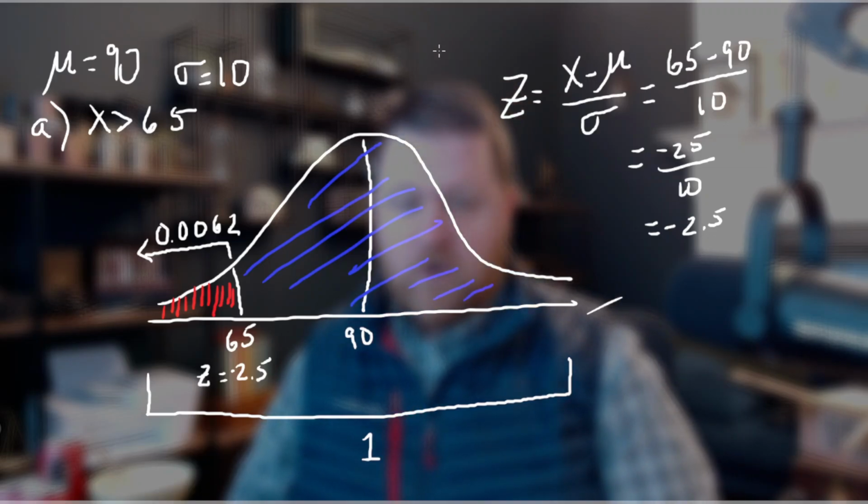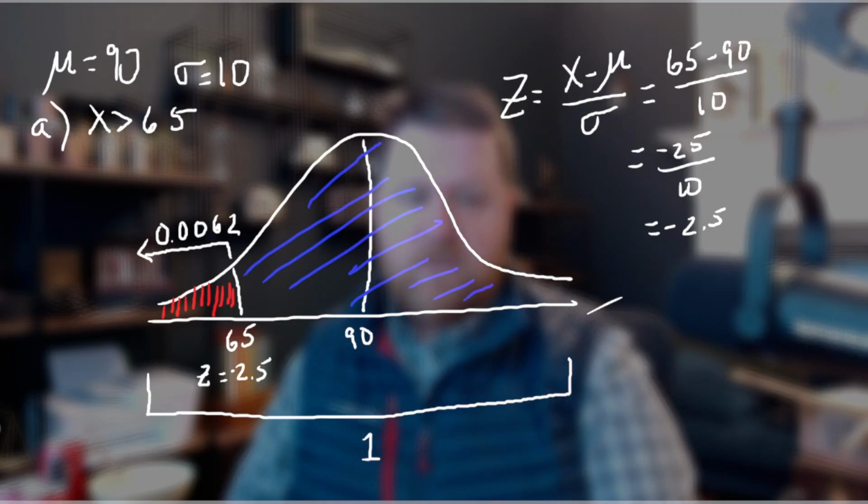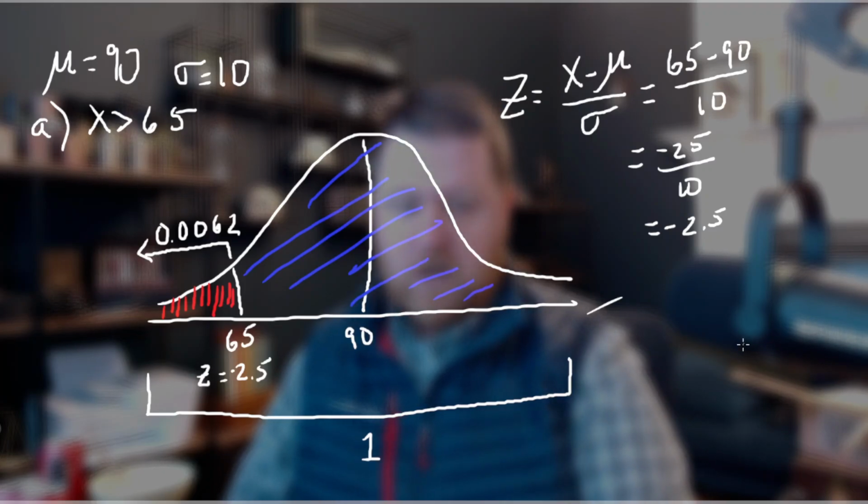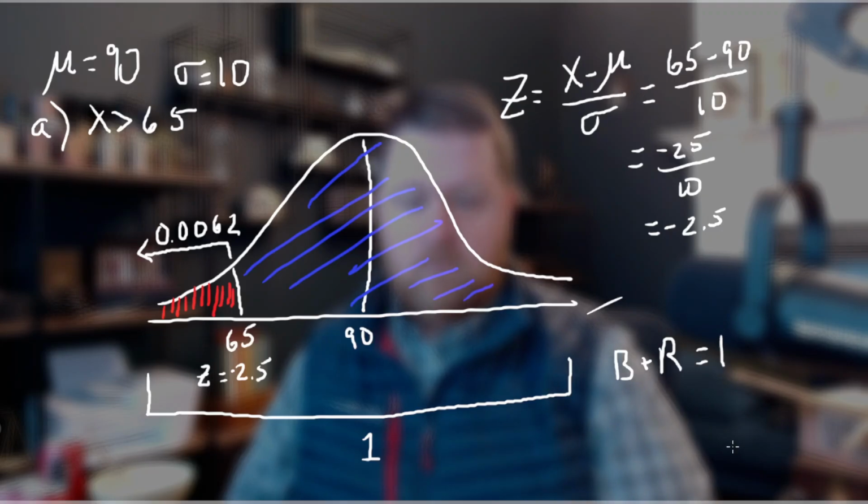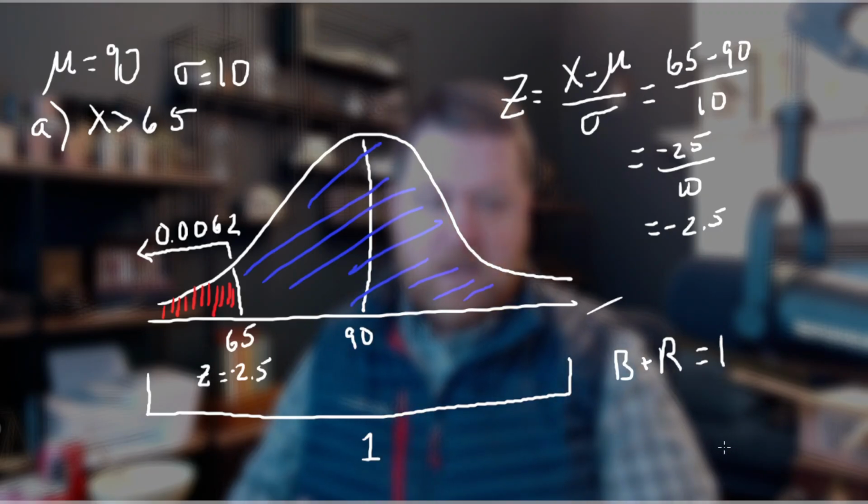So we could write out on the side: we know that the blue area, which is what we're looking for, we'll call it B just for the fun of it because it's blue. We know that B plus R, the red, is equal to 1. The blue area plus the red area is equal to 1.